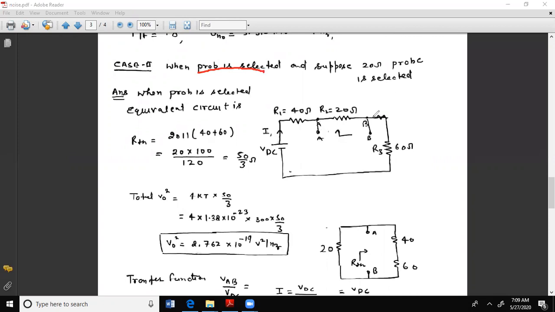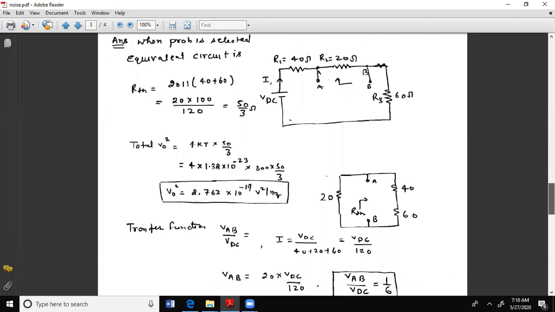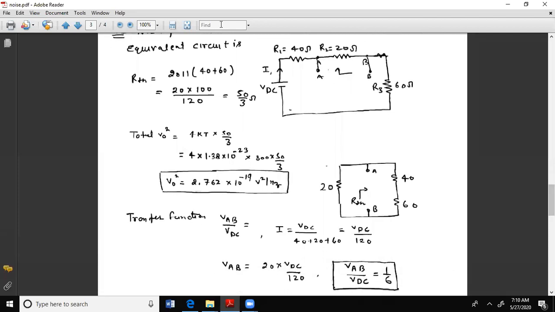Suppose we take this 20 ohm resistance as the probe. The terminal of this resistance is used to calculate the total output resistance. So the equivalent circuit between terminals A and B: looking from A and B, this 20 ohm resistance is in parallel with the remaining resistances 40 and 60.